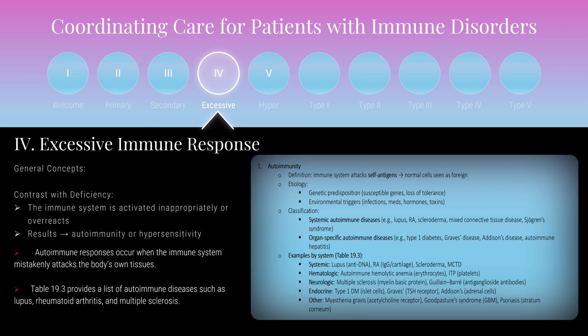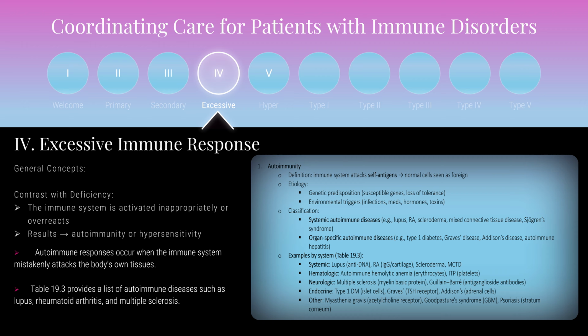The cause of autoimmune disease is still not completely known. Theories of causation include the inheritance of susceptible genes that may contribute to the failure of self-tolerance.